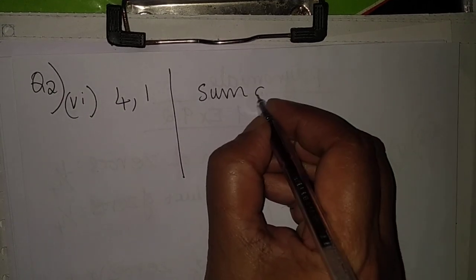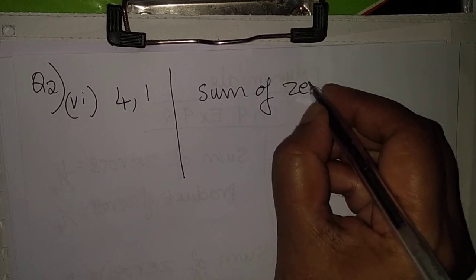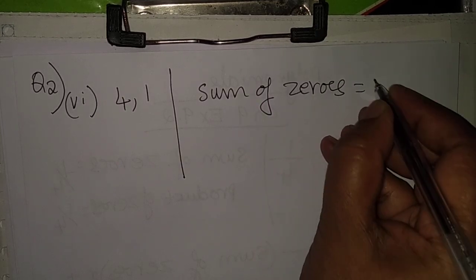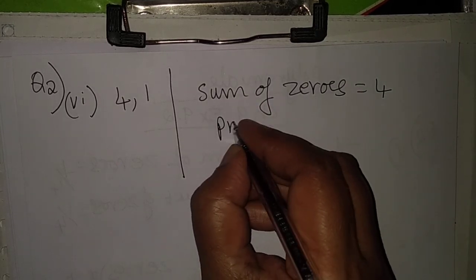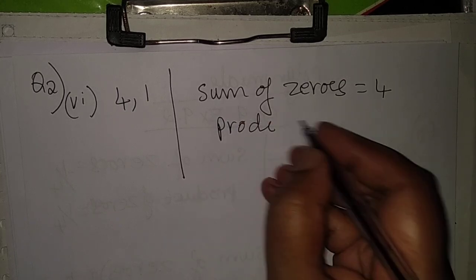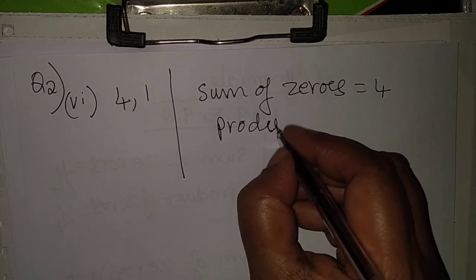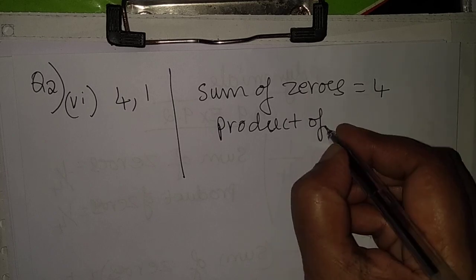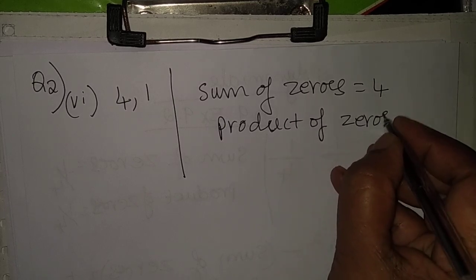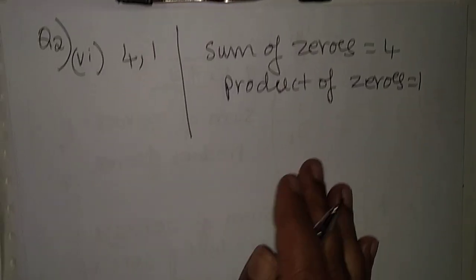Sum of zeros equal to 4, product of zeros is equal to 1.